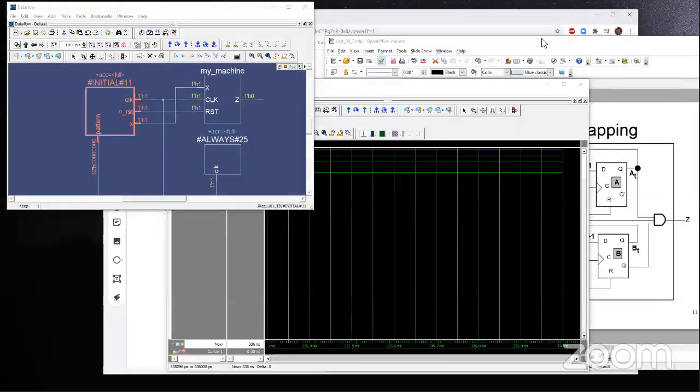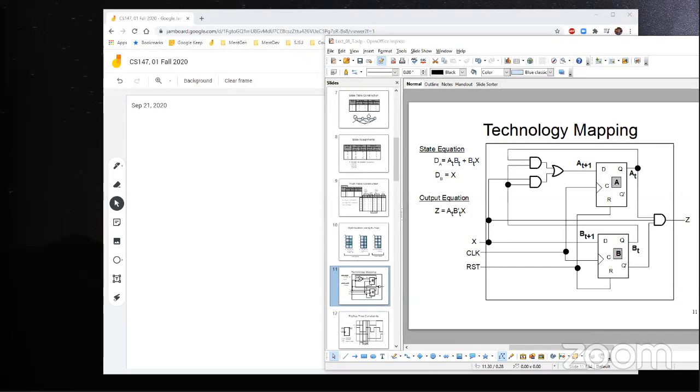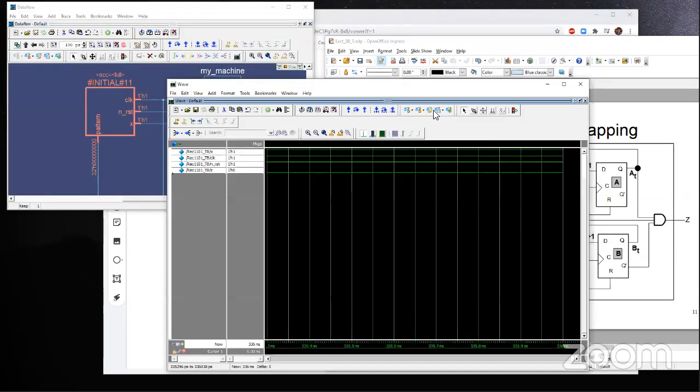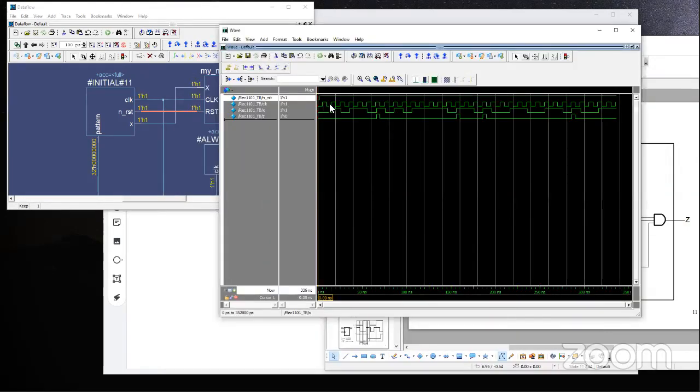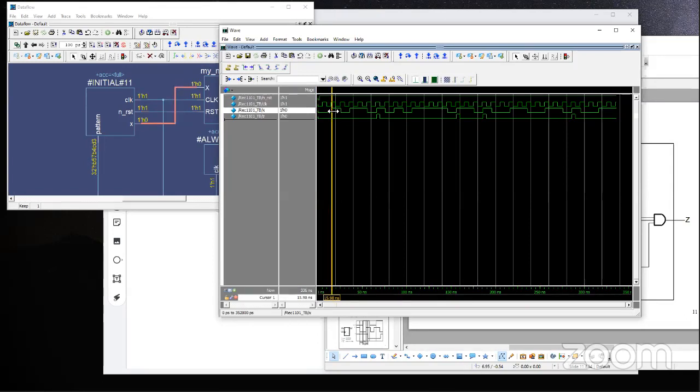So once I'm done simulating, I hope I have the correct values. Okay, let's see. So I have this clock signal always toggling, and let's say I have a 1 here, maybe 1, 0.